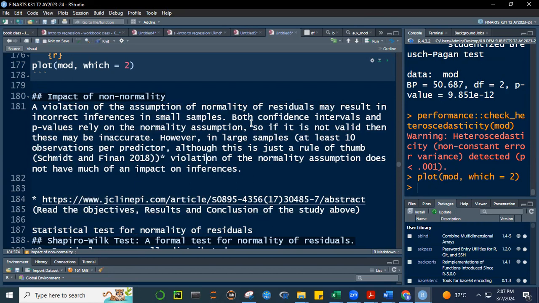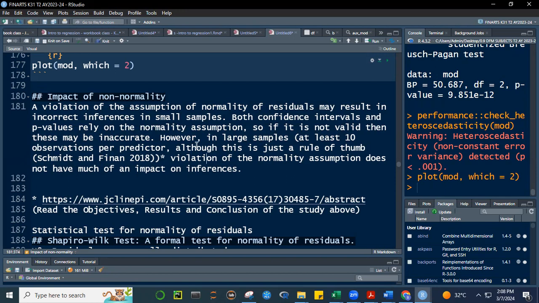So if we have small samples, yung confidence interval natin at saka yung p-values natin, it relies on normality assumption. So kung hindi normally distributed yung residuals natin, magkakaproblema tayo sa p-values, at magiging mali yung inference natin.